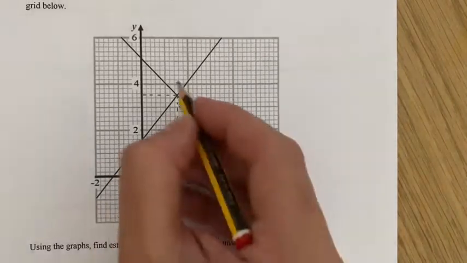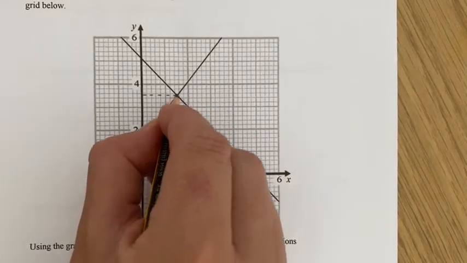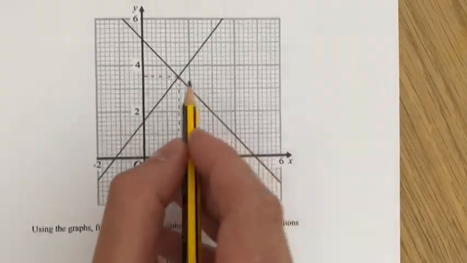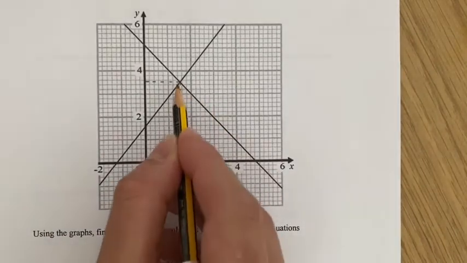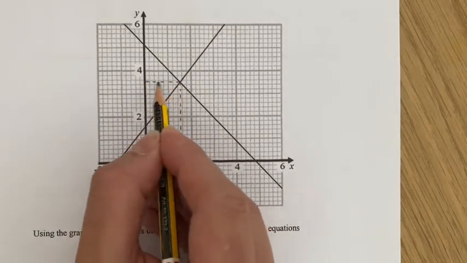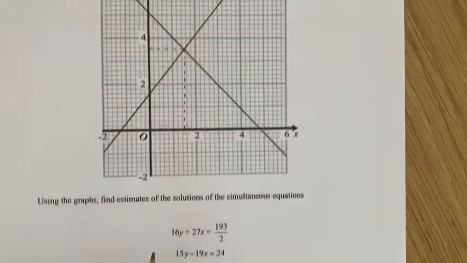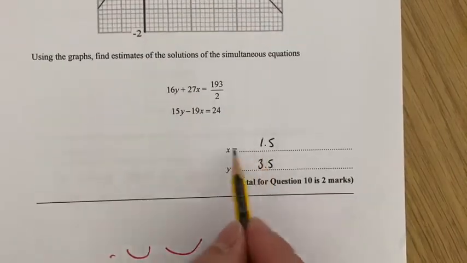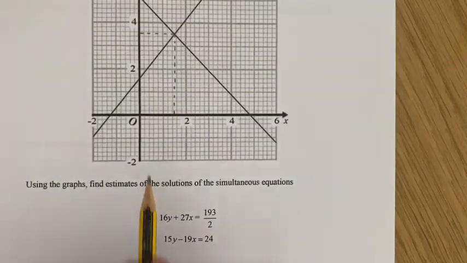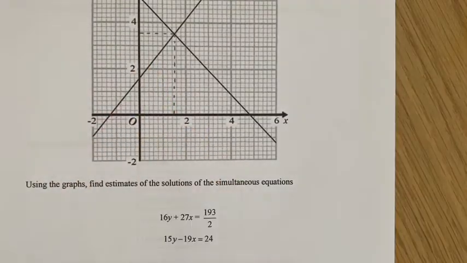So the two straight lines intersect at this point here. So this is where these two simultaneous equations can be solved. So you just need to work out the x value, which is why I've put this dotted line on, and the y value, which is why I've put this dotted line on. So the x value is simply 1.5, and the y value is 3.5.